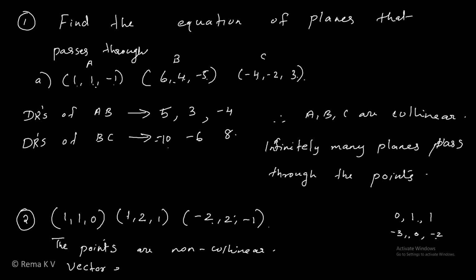First, we can write the vector equation. Vector equation is vector r minus vector a is i plus j. Since the scalar component here is 0, we can write i plus j only. So r minus a dot, now b minus a.